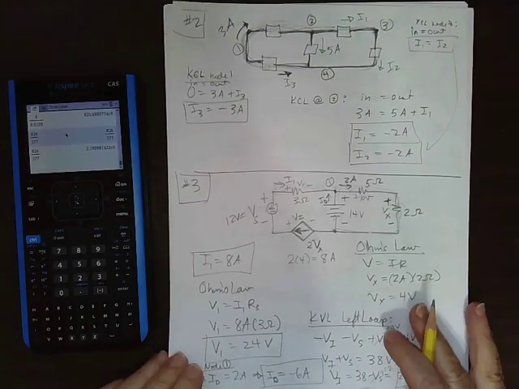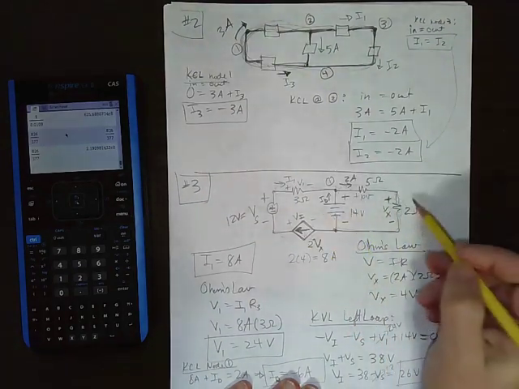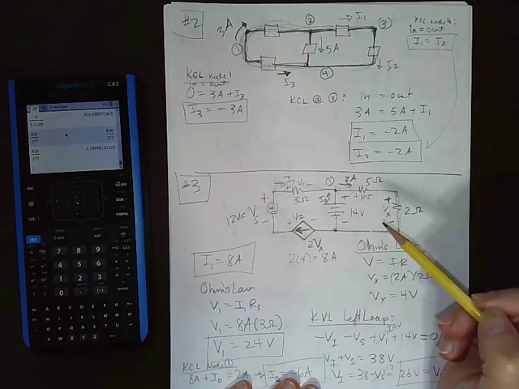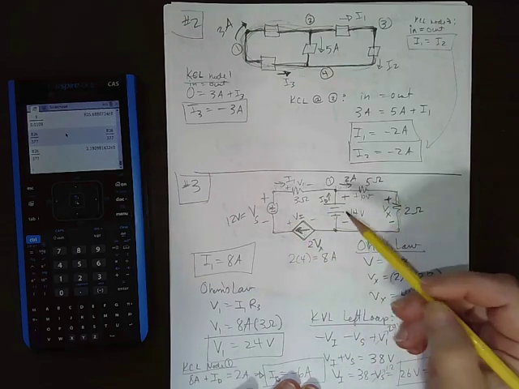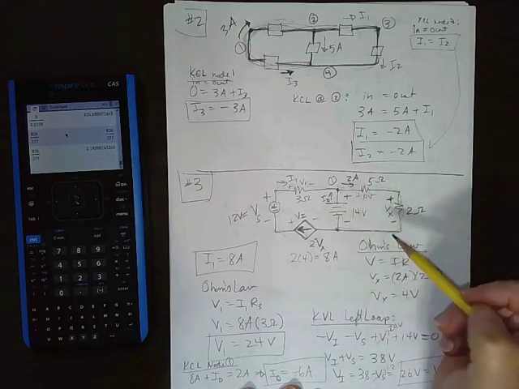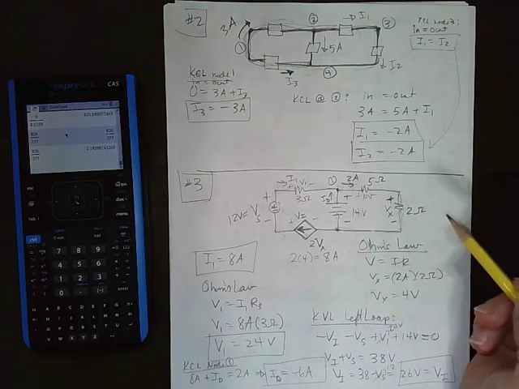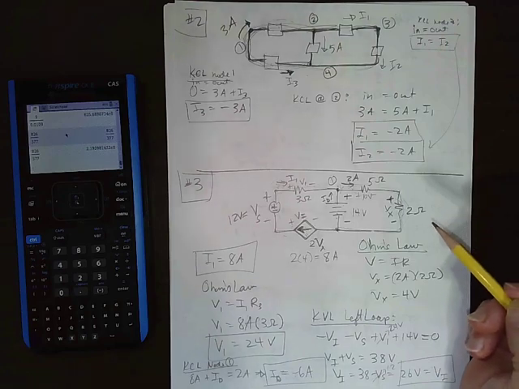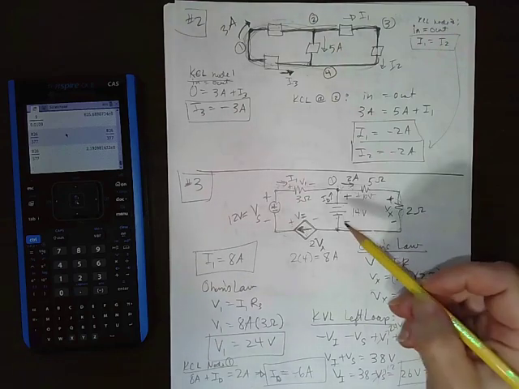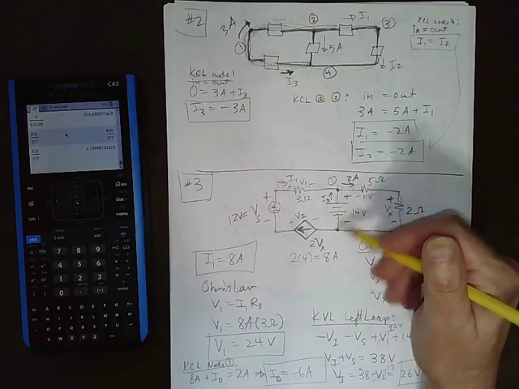Which is a little weird, but when you've got dependent voltage sources, odd things can happen. We would expect that this source would be pushing current and adding to the circuit, causing a voltage out, but because of the way this is set up, this source is actually sucking in current, right?